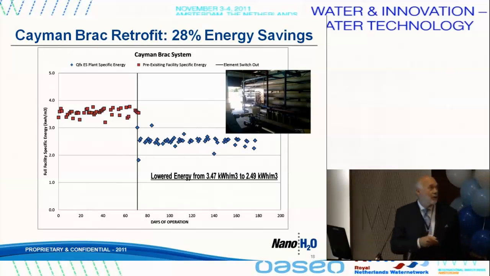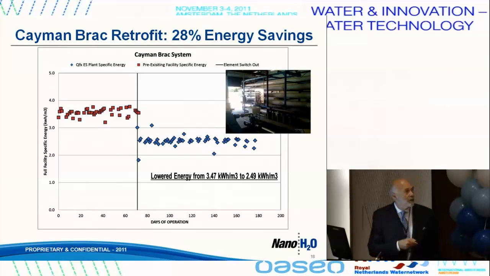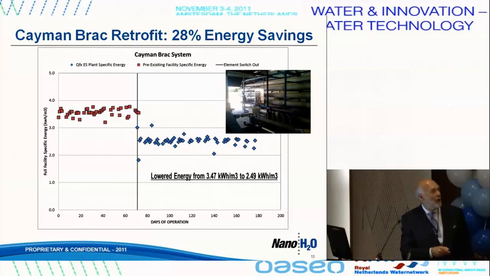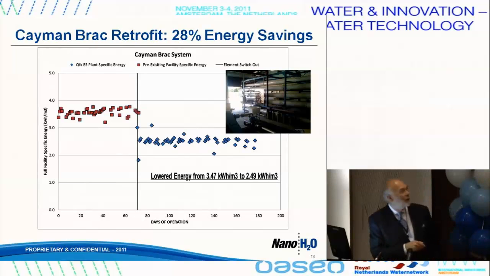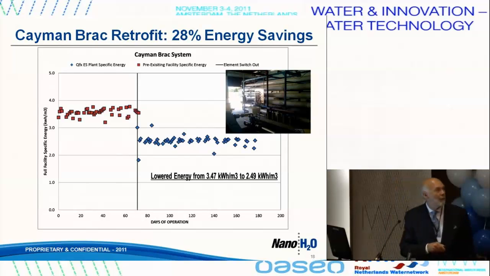To be fair, these were older membranes, and the real difference here is probably somewhere in the range of 3 kilowatt hours per cubic meter down to about 2.5 kilowatt hours per cubic meter if these were new membranes.